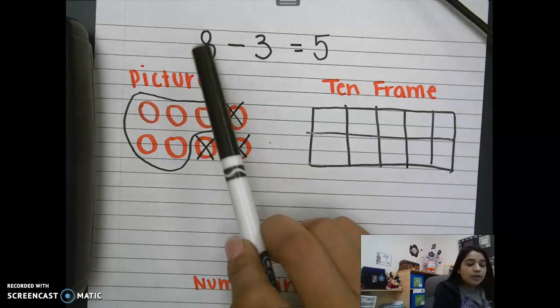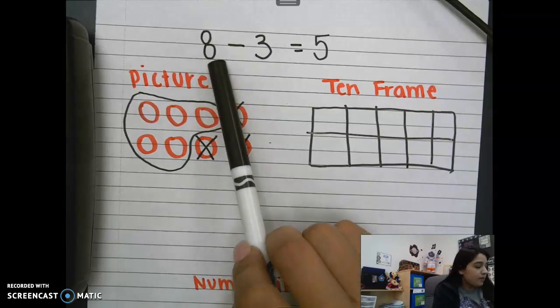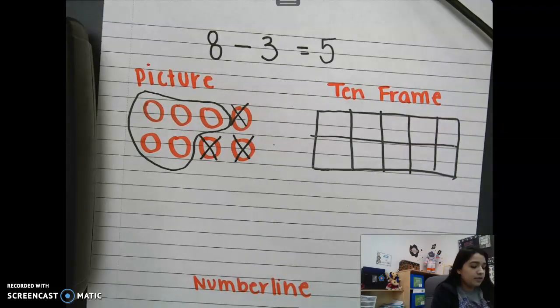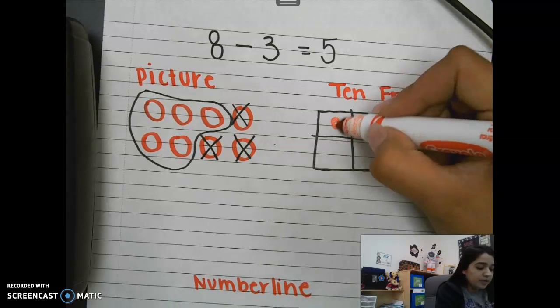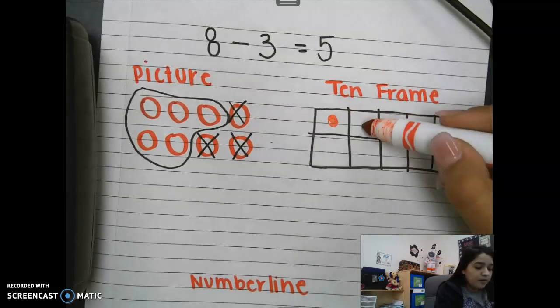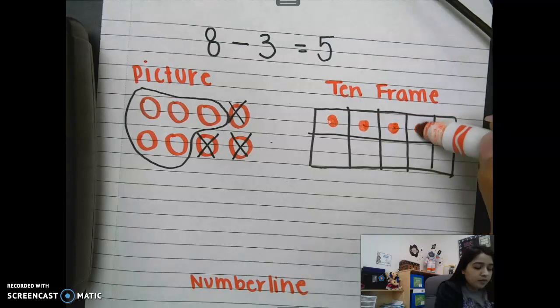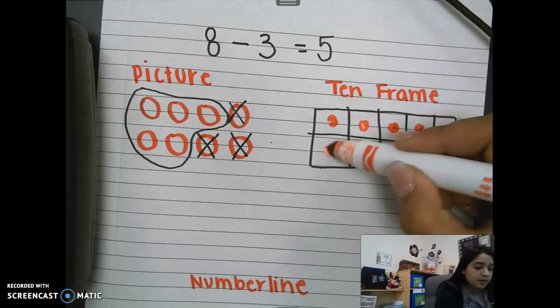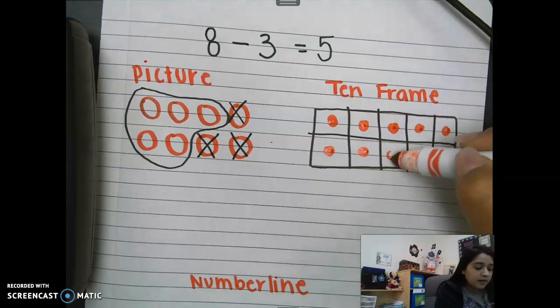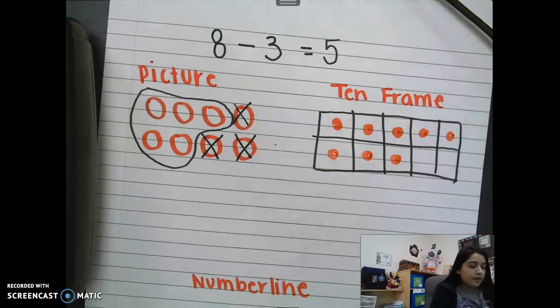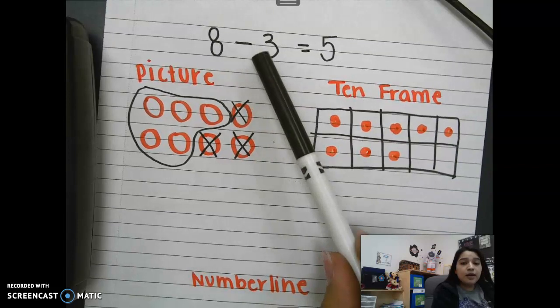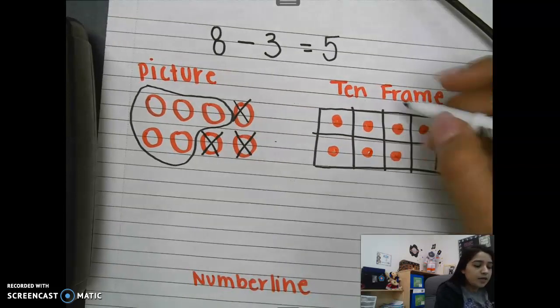So how many did we start off with? We have how many? 8. Perfect. So we're going to draw 8 circles in our 10 frame. 1, 2, 3, 4, 5, 6, 7, 8. And then how many did we take away? 3. Perfect.